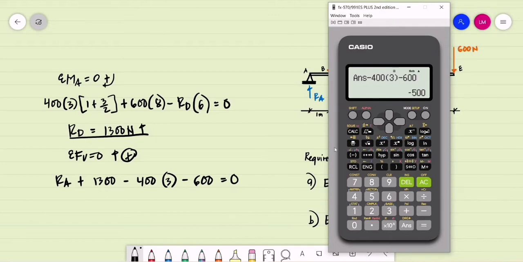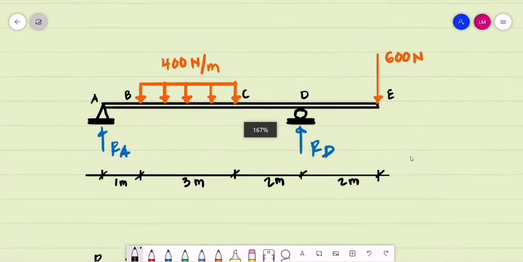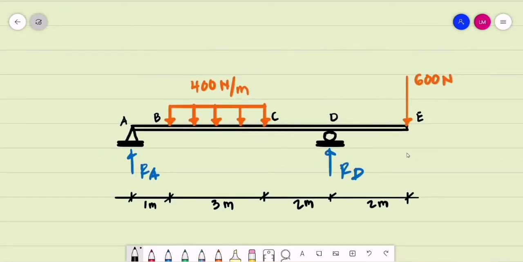So we have that as 500. Transposed, it will be positive, which means correct assumption. 500 newtons, that is upwards. So after computing for the support reactions, we have RA equal to 500 newtons, and RD equal to 1,300 newtons.